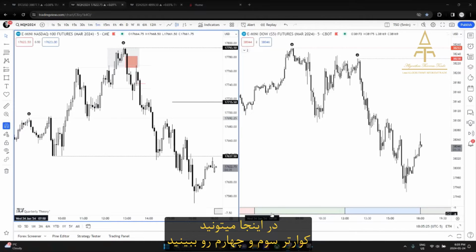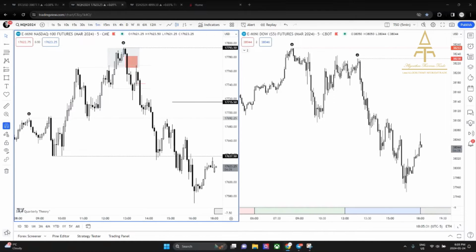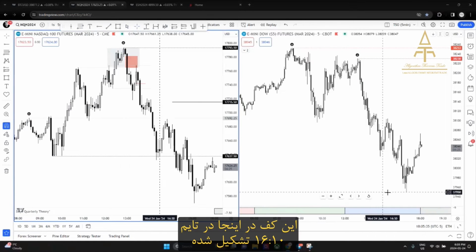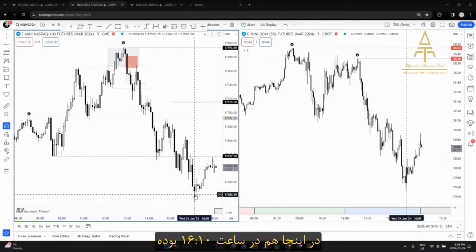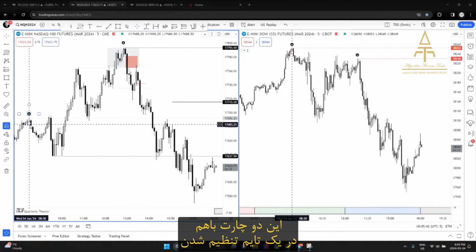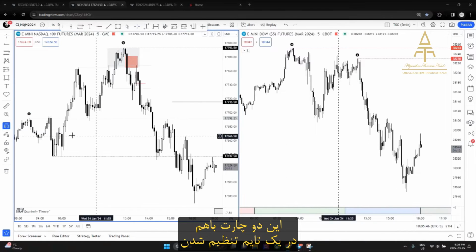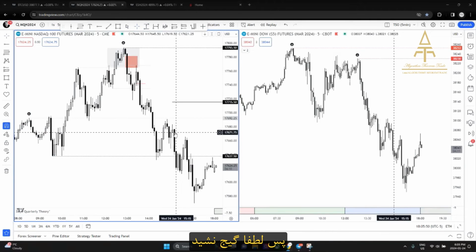Over here, you can see Q3 and Q4. It's the same time right here. Let me show you. This low right here is 1605. Same thing right here, 1605. So these two charts are calibrated on the same time right now. Please don't get confused.